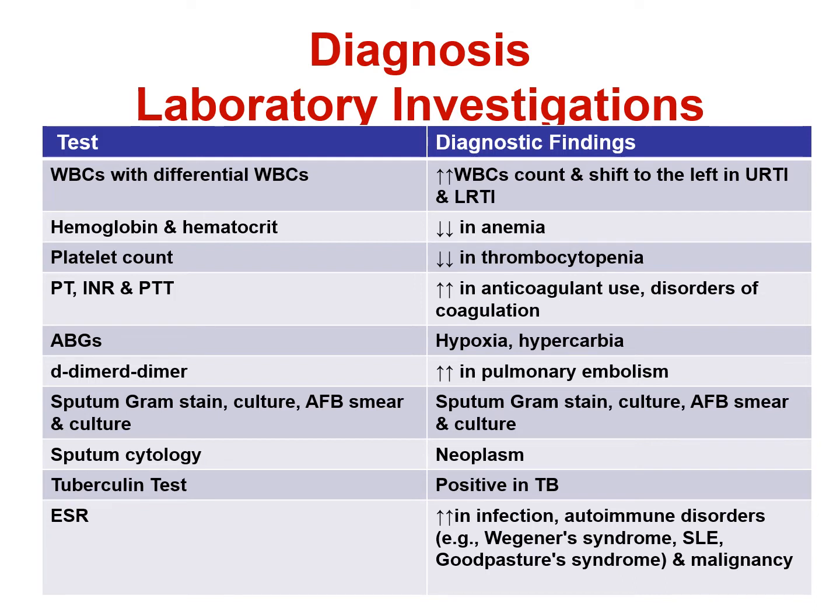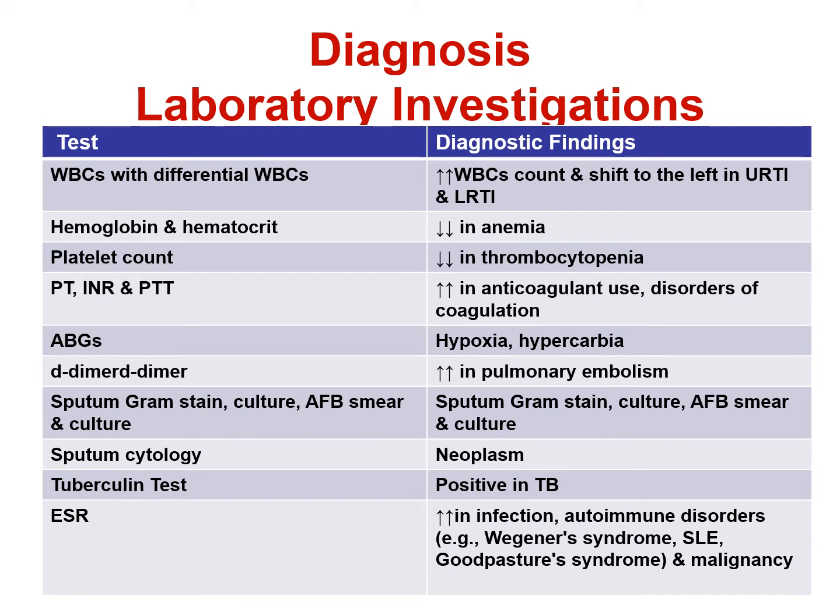If D-dimer is negative, this excludes pulmonary embolism, but a positive D-dimer doesn't confirm the presence of pulmonary embolism, except if you suspect it by history taking, examination, and other investigations like CT angiography. Also, we can do sputum Gram stain, culture, acid fast smear, and cultures for the patient. We can do sputum cytology.